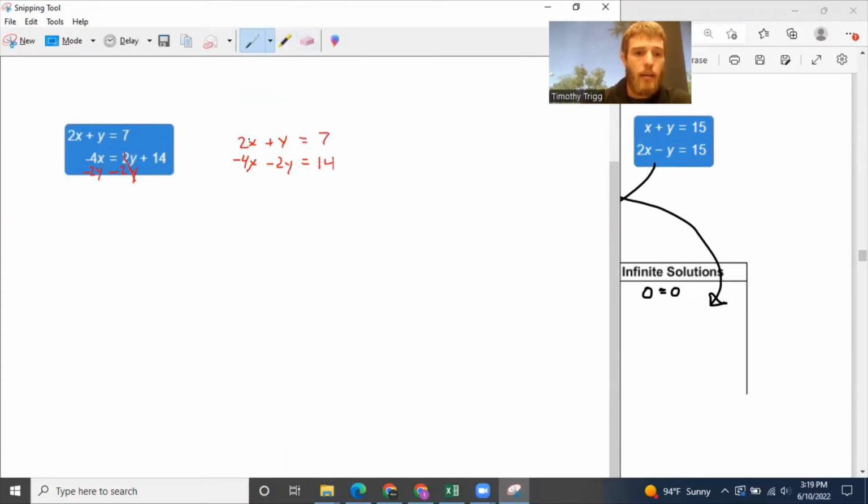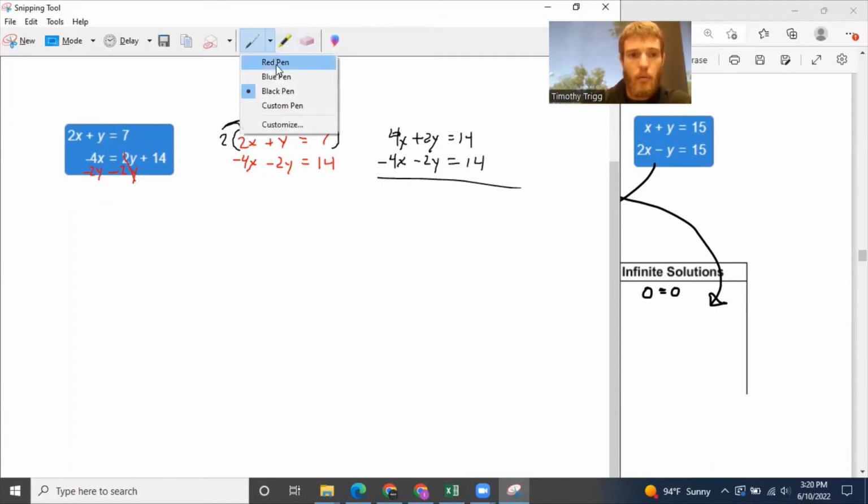I can eliminate my x's by multiplying this one by 2. That way I'll have a 4x and I have a negative 4x in the bottom equation. So let's go and distribute this 2 here, giving us 4x plus 2y equals 14. The bottom equation doesn't change here. So negative 4x minus 2y equals 14.